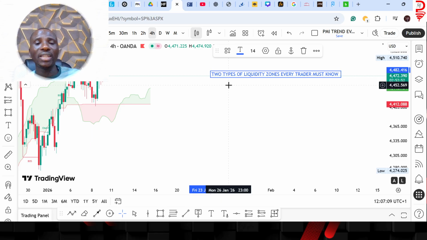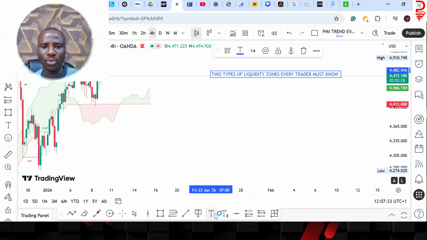One of the things that is very central in the financial market generally is liquidity. It's very important. Liquidity is like a pool of orders or a pool of money, and wherever you see liquidity, there is a high tendency that there's going to be a massive movement right from that particular position.